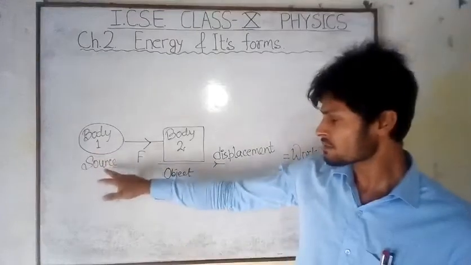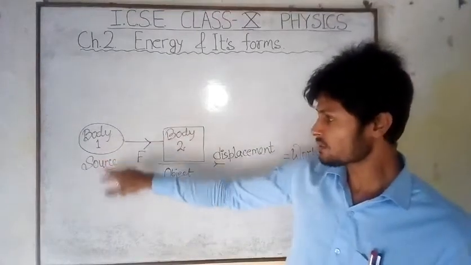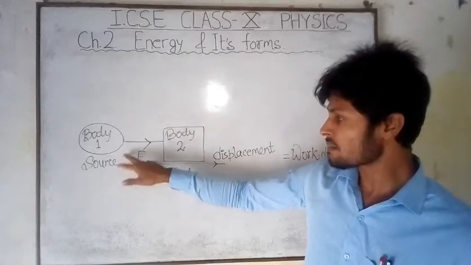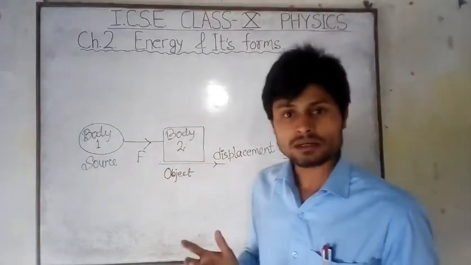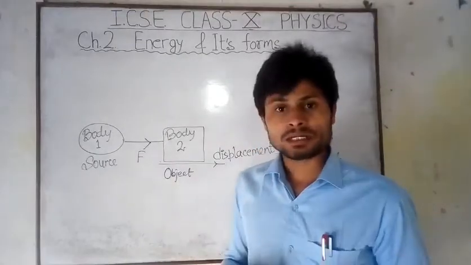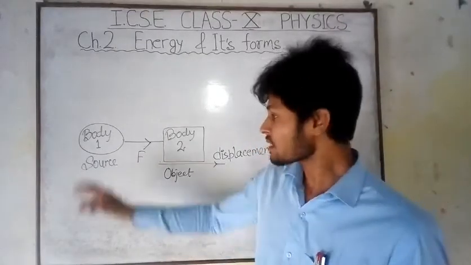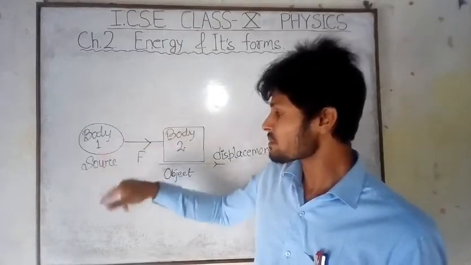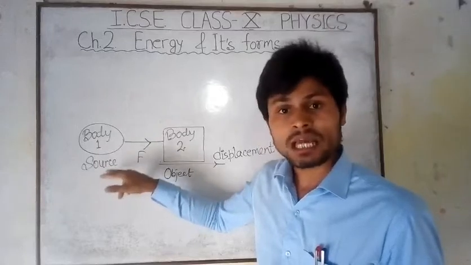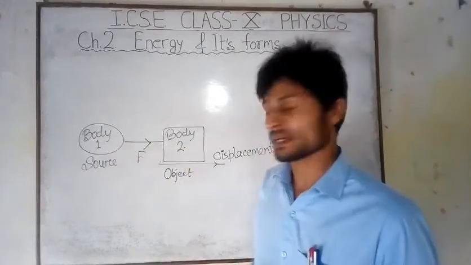Suppose we have the source, body 1, applying a force F on this object for the work. So what physical property, what physical quality does the source have? What is inside the source because of which it is capable of applying a force F here?